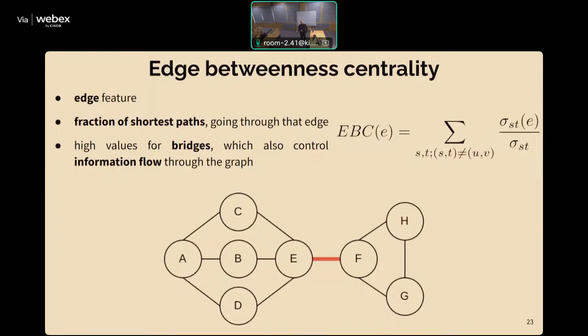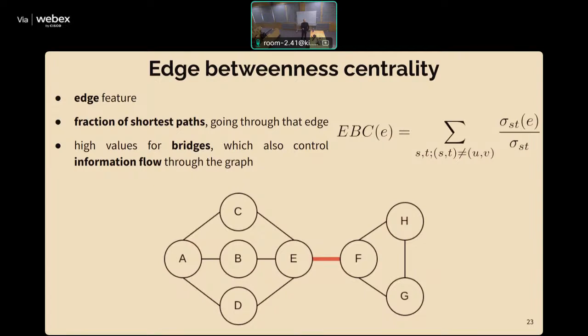Because a bridge, so the edge that connects 2 components of the graph, requires all shortest paths to go through this. If you want to go from the left to the right here, you have to go through this edge. So this edge, in a way, controls what happens in the graph. So this controls the information flow for the graph.